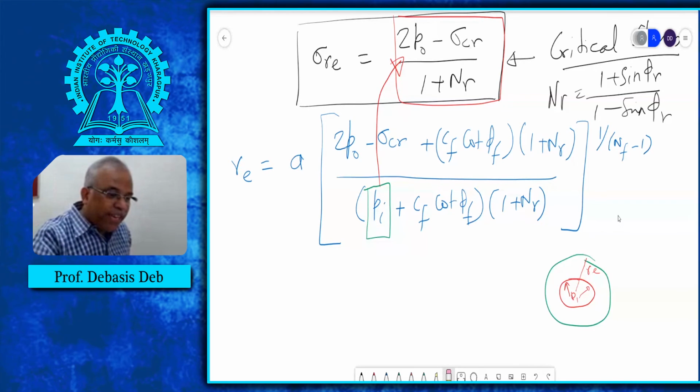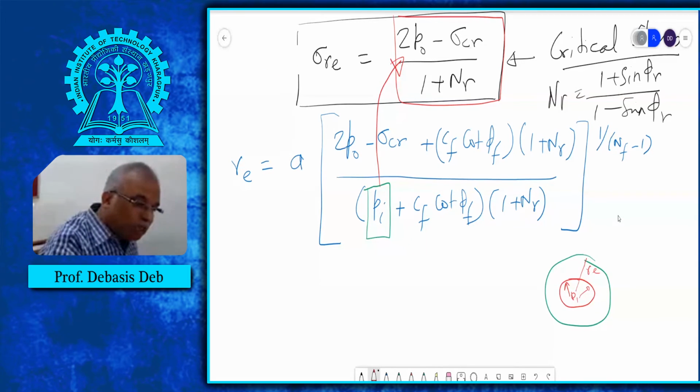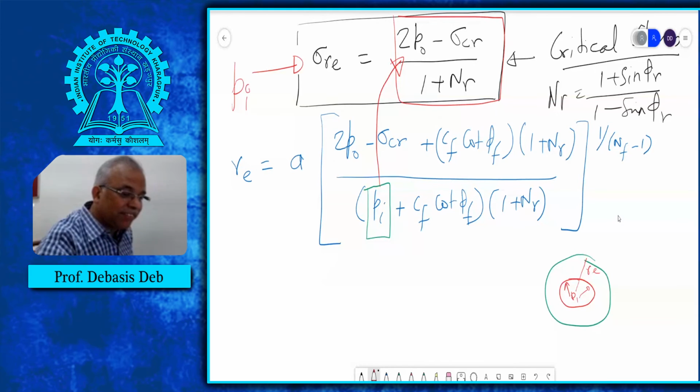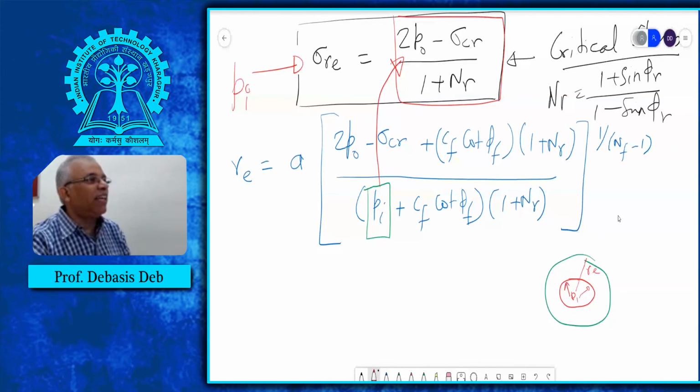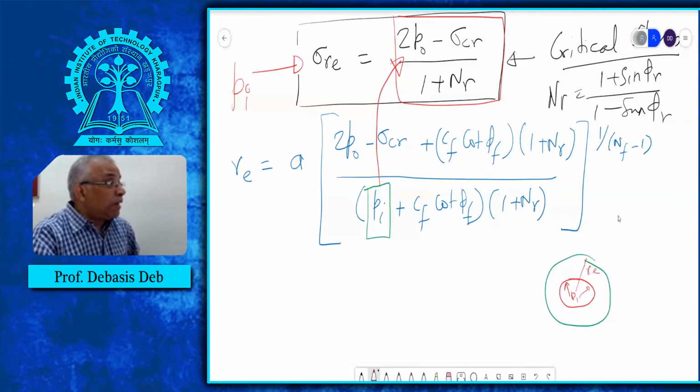If we can match Pi to this, then there will be no plastic zone. That means there will be no failure around the tunnel. Okay, but this stress will be very high. It is not so small a stress. But it tells us a very important thing, that if somebody can match Pi with this value, then there will be no failure zone. So the entire tunnel will be safe. There is no problem whatsoever.